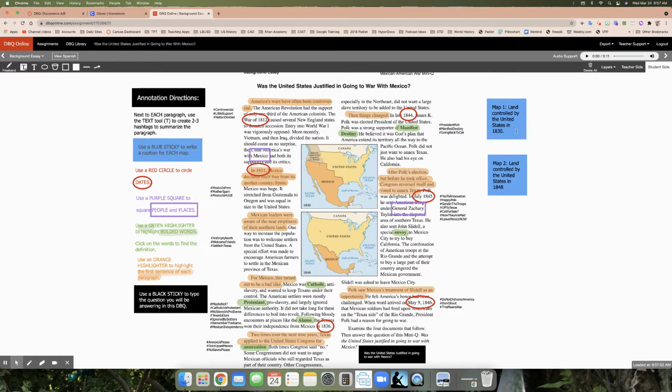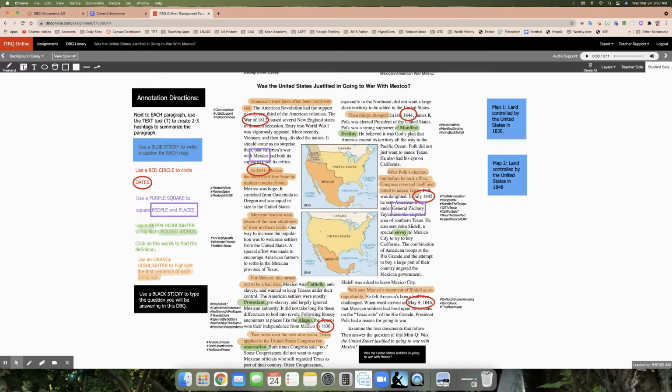You can see that I've got my blue sticky note to say what map 1 and map 2 are about, to give a caption for them. I used my red circle for all of my dates, okay, and then my purple square for places and people, okay. And then I used my green highlighter for the bold words.